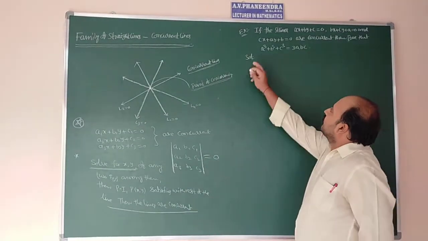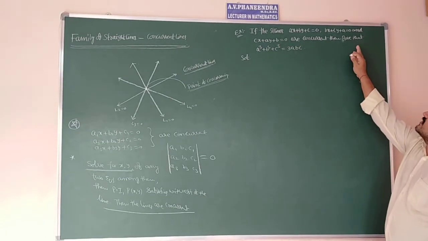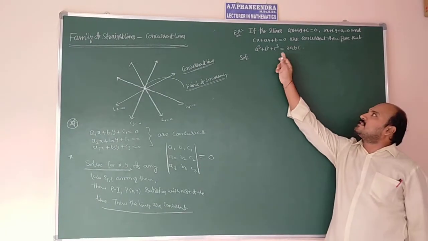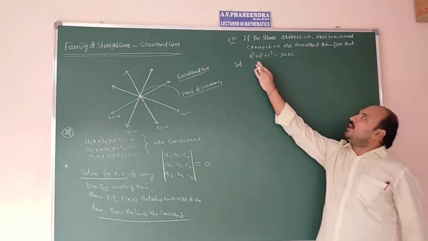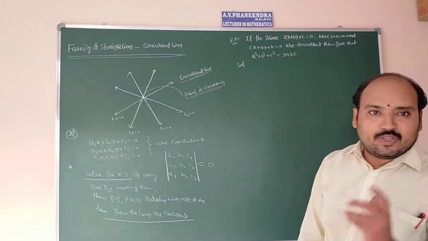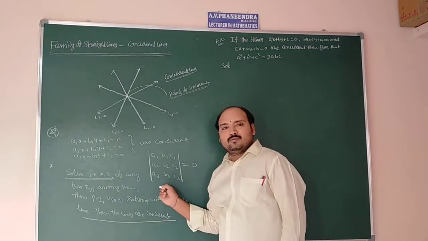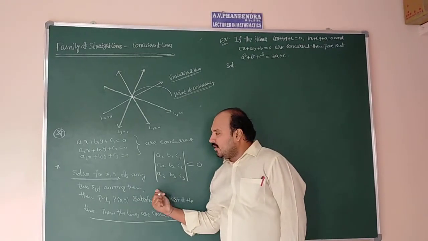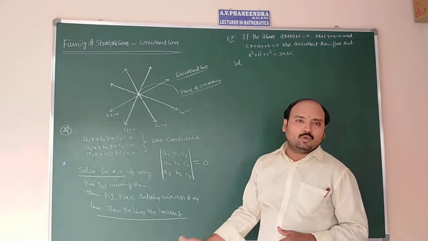Example. If the straight lines ax plus by plus c equal to 0, bx plus cy plus a equal to 0, and cx plus ay plus b equal to 0 are concurrent, then prove that a cube plus b cube plus c cube equal to 3abc. We know that the three lines are concurrent. I already explained here using the determinant method or solving equations. Whichever method is easy for you, you can go with that.